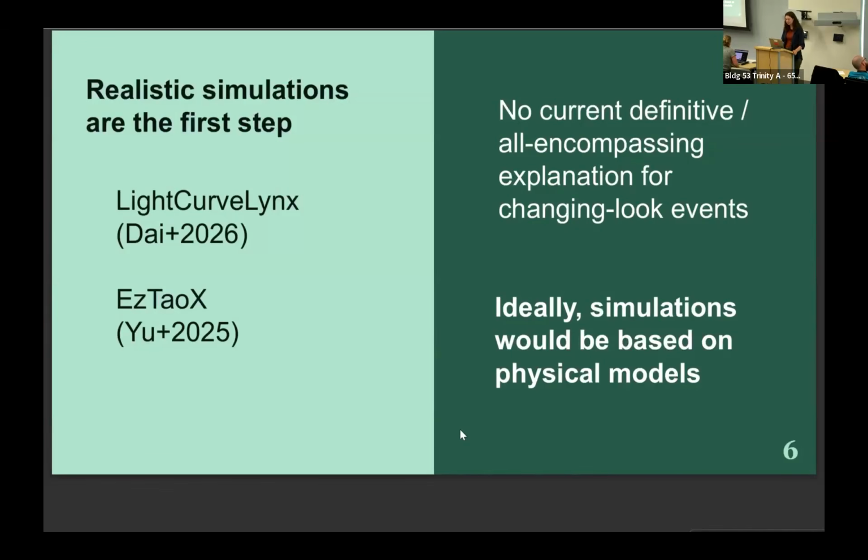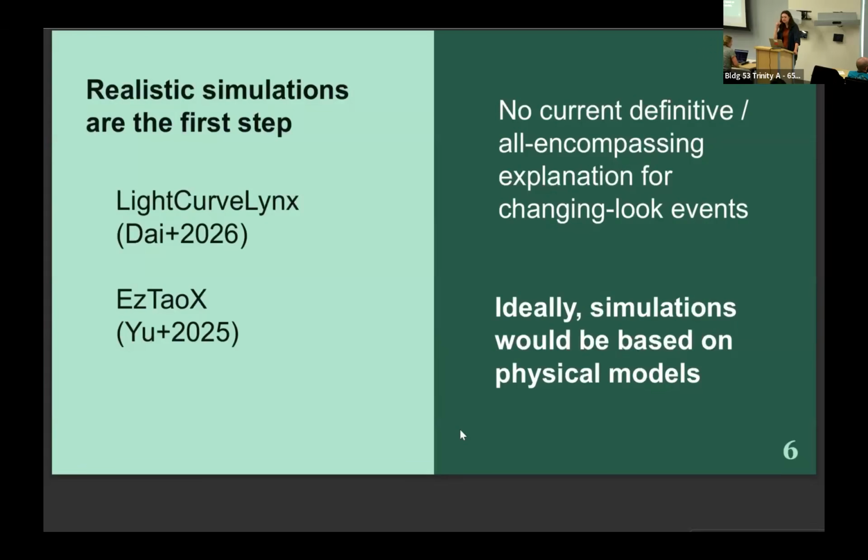Also, EzTaoX, an AGN light curve modeling package using Gaussian processes, can be wrapped into LightCurveLinks. So combining these two, we can generate some pretty cool multi-survey simulations of light curves for AGN.